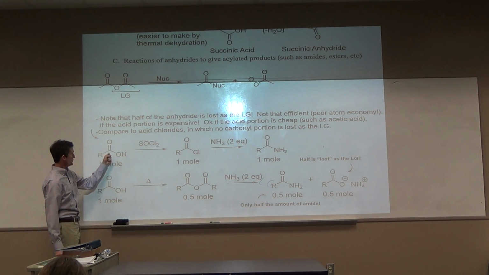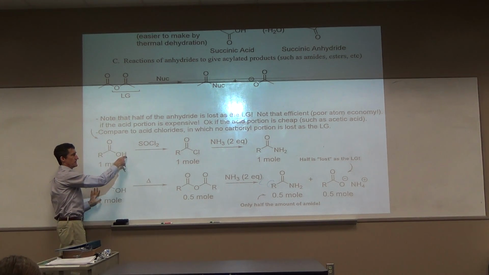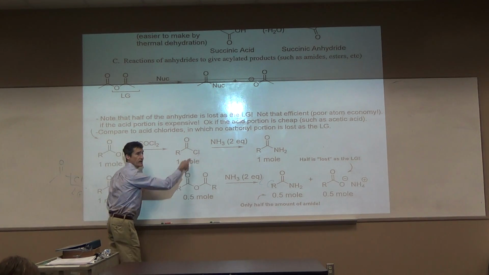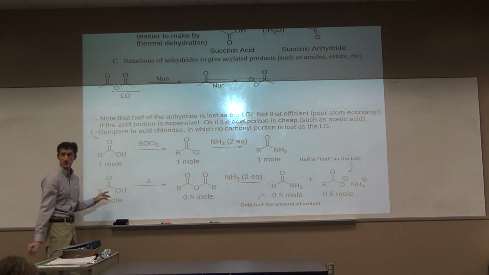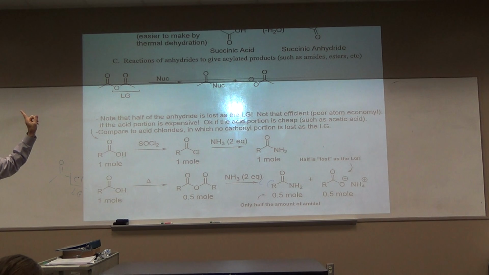Okay, suppose you had a carboxylic acid and you wanted to do some chemistry here. Well, first we need to convert it to something else. What's the problem with having the H here? Look at the very top of the page. What was the problem? I'm sorry, it was on the top of the previous page.